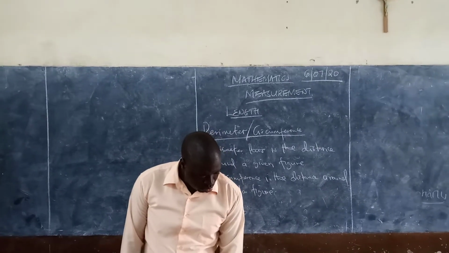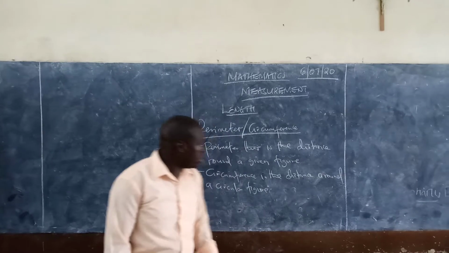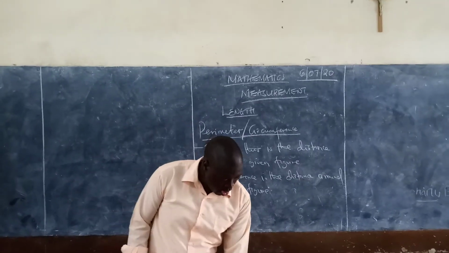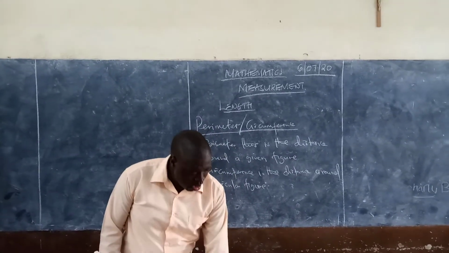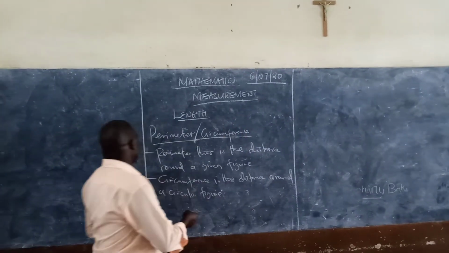So I don't want to dwell more on this, but I want us to go straight to the examples. The first example we are dealing with is a circle.